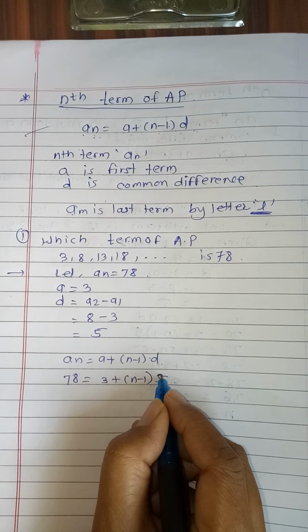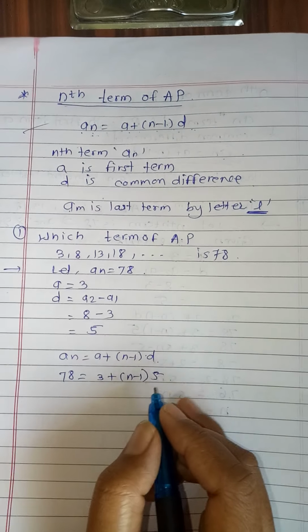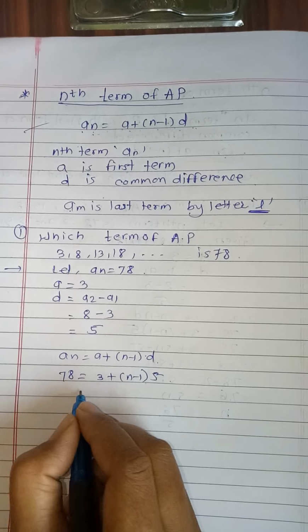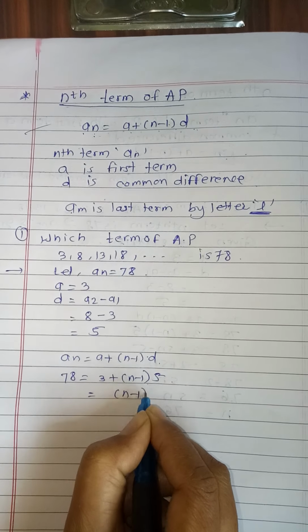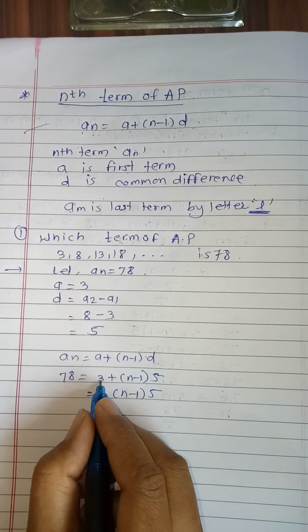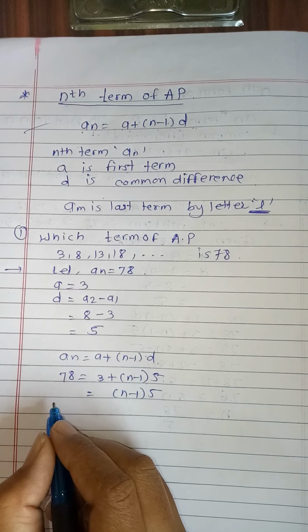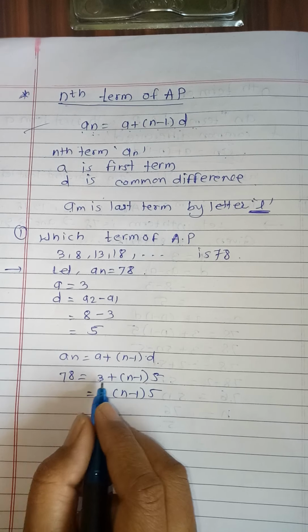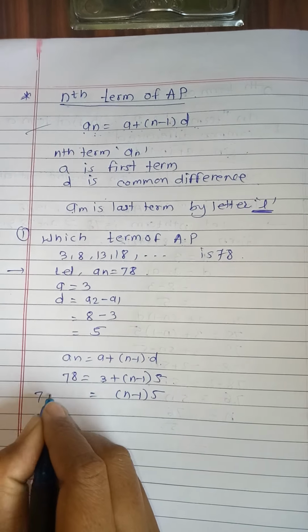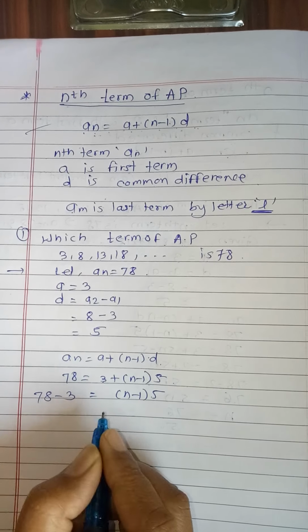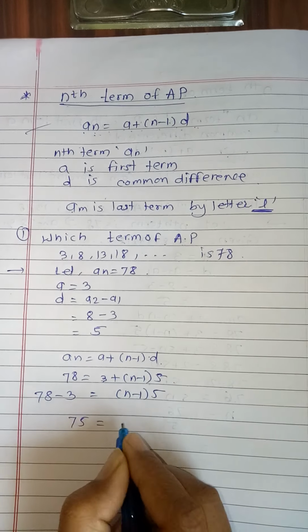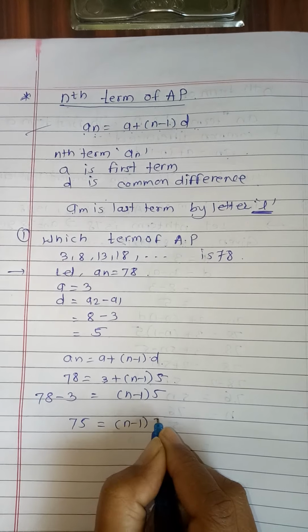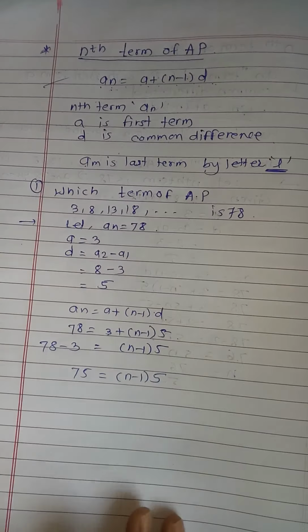So here (n - 1) into 5 we write as it is, and the plus 3 becomes minus 3 when we take it to the left side. That is 78 minus 3, which is 75. So 75 = (n - 1) into 5.